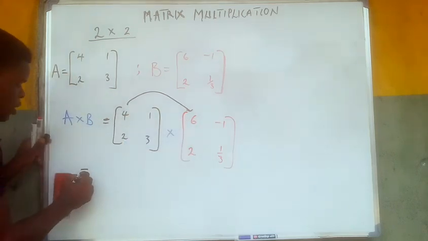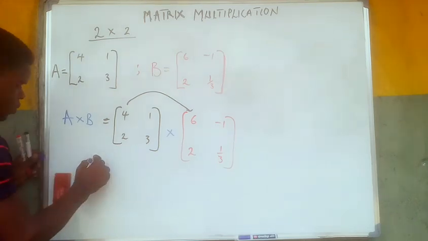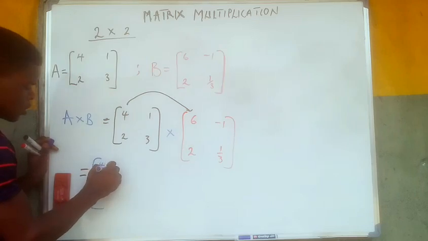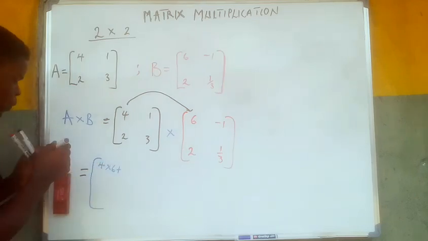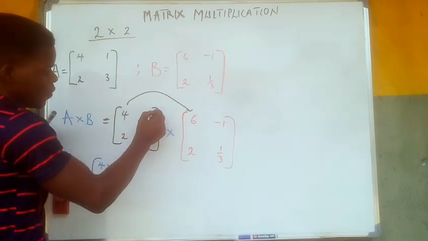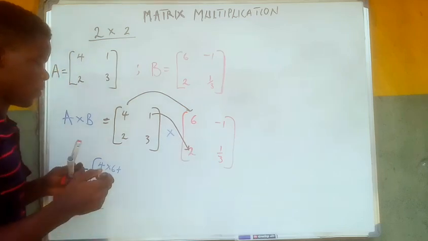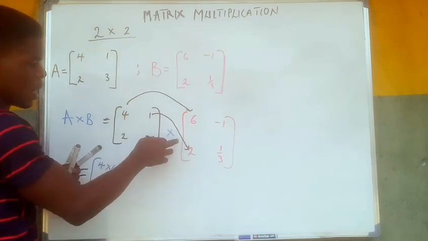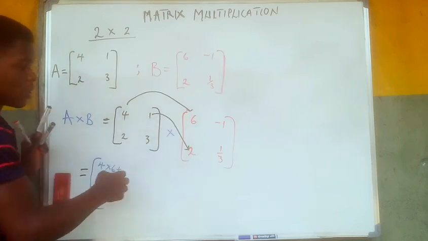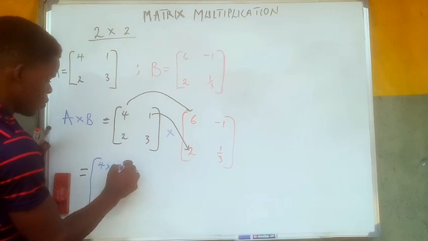So the resulting matrix will give us, let's use blue ink for that, 4 by 6 plus, now we are going to add the product of the second entry in the first row by this right here. That's going to give us 4 by 6 plus 1 times 2.